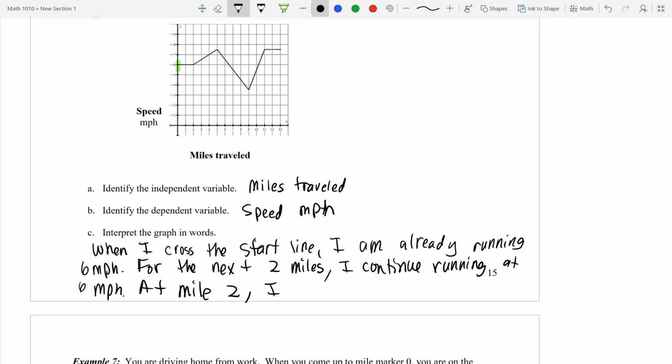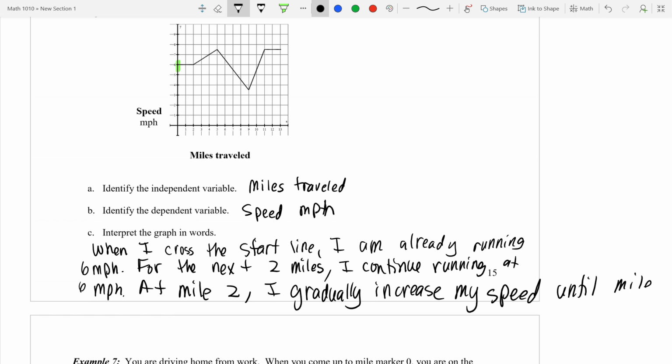comma, I gradually increase my speed until mile 5.